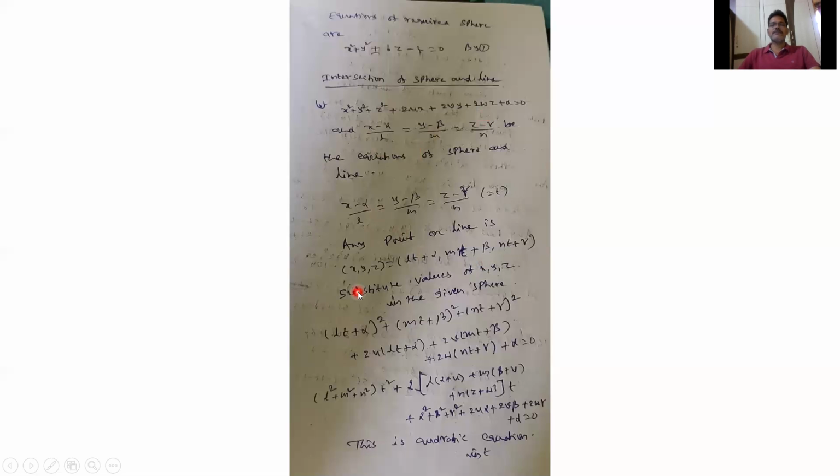Here x is lt plus alpha, y is mt plus beta, z is nt plus gamma. Here 2u times (lt plus alpha), here 2v times (mt plus beta), and here 2w times (nt plus gamma).